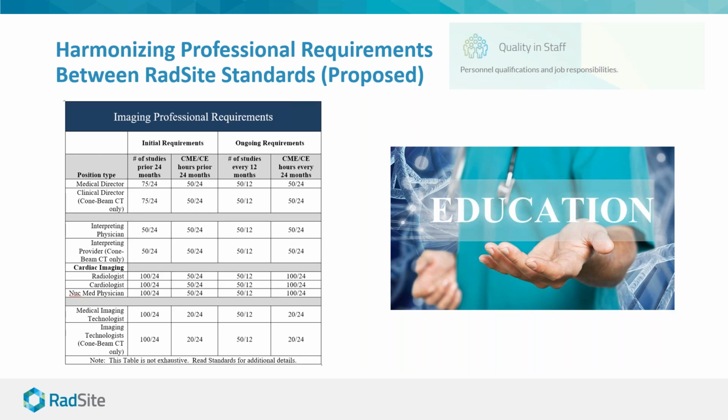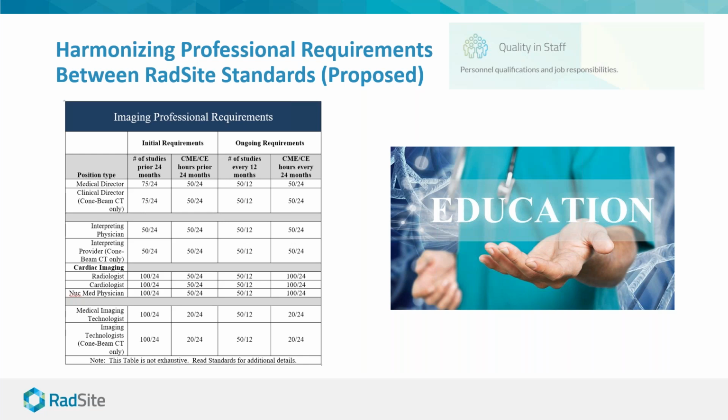And so what we've done is we've set some thresholds about what the initial requirements should be upon certification, and then what continuing requirements should be as people get their certification renewed. So we've done this for the medical director, the clinical director, the interpreting physician, the interpreting provider, and then with cardiac imaging, the radiologist and cardiologist, the nuke med physician.